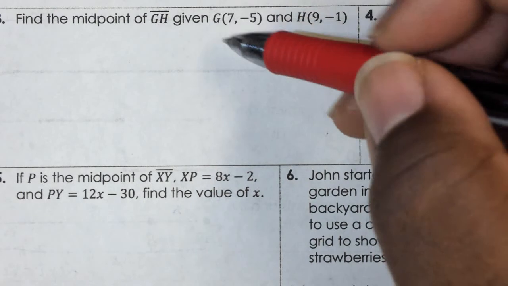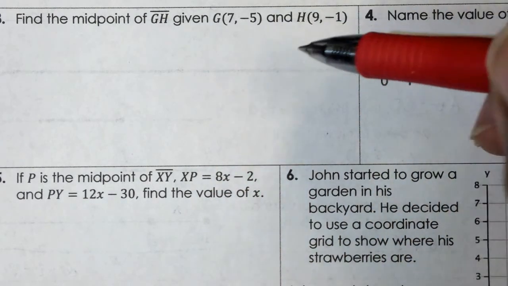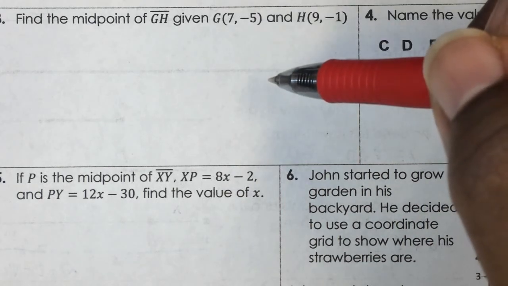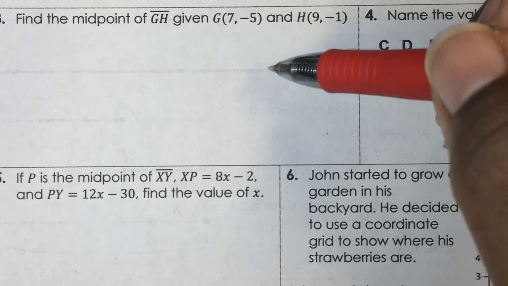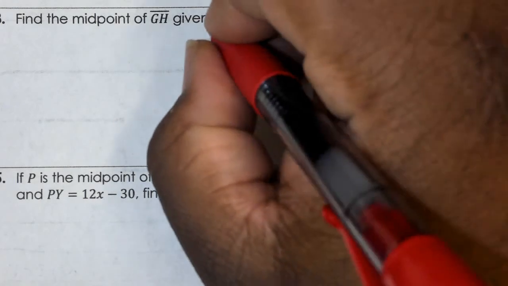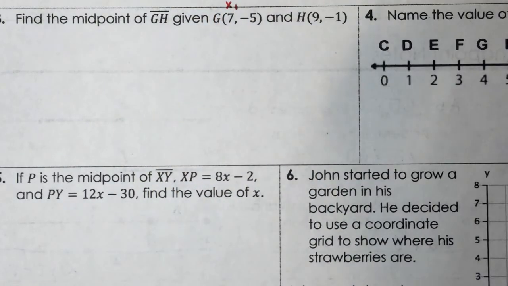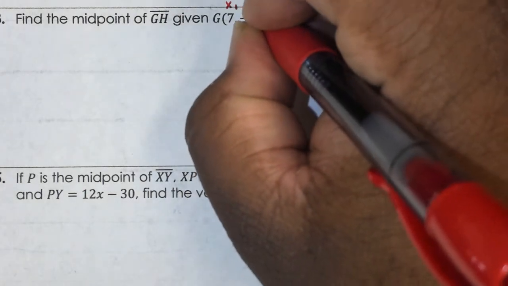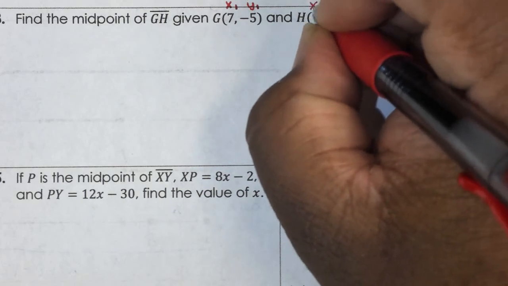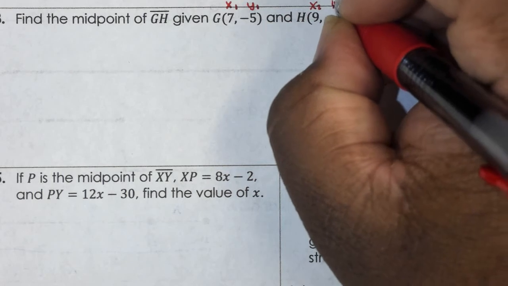So you should know your coordinates as far as having an x and a y value. For the midpoint formula though, you're going to need to have your x's and y's labeled. So I just start with my first point and I label it. I'm going to label this x1 for my 7. My -5 here will be y1. My 9 will be x2. My -1 will be y2.